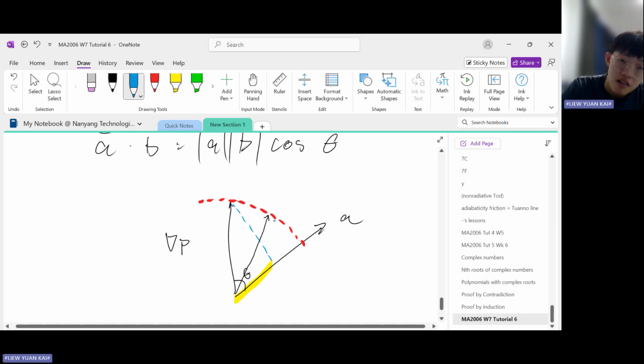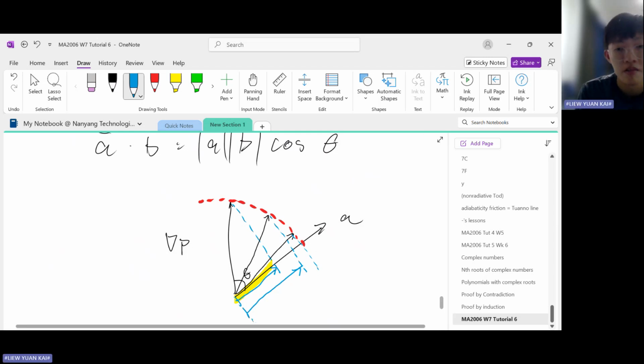Now the projection will be this long. At first the projection is this long, now the projection is this long. Now let's rotate it some more, and then project it like that, parallel to A.